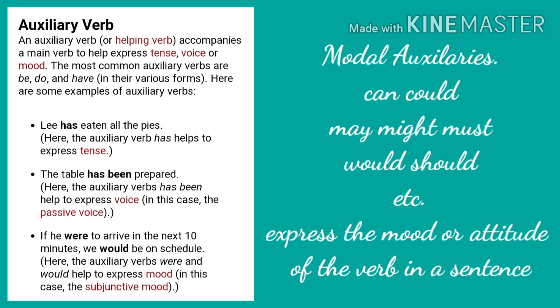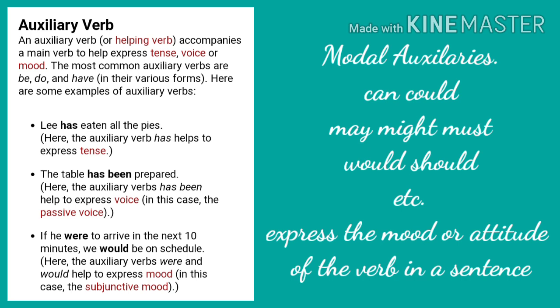In the first example, you can see Lee has eaten all the pies. Here the auxiliary verb has helps to express the tense, which is in the present perfect tense. We understood it because of this helping verb has. Tense will help you to show the time of the action. In the second example, the table has been prepared.